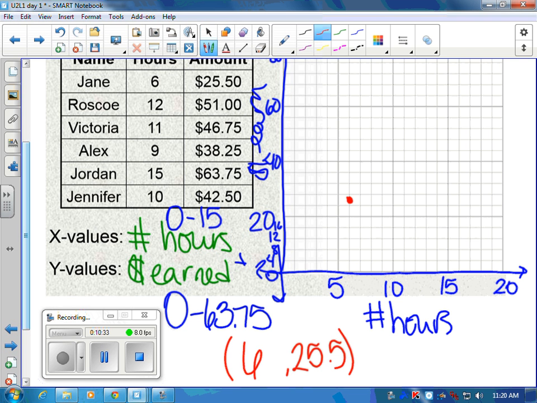What's another ordered pair I could plot? Graham? 12 and 51. So I've got 12, I'm going to go 40, here's 48, so maybe somewhere around there. Dante, what's another ordered pair I could plot? 46. So here's 44, 48.